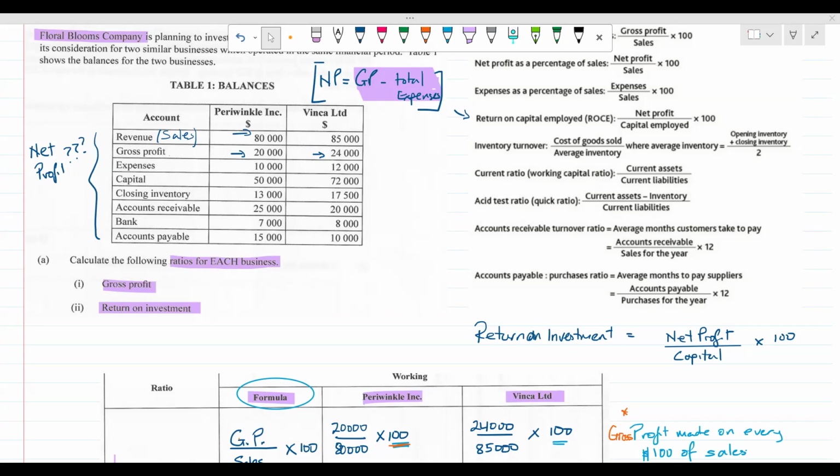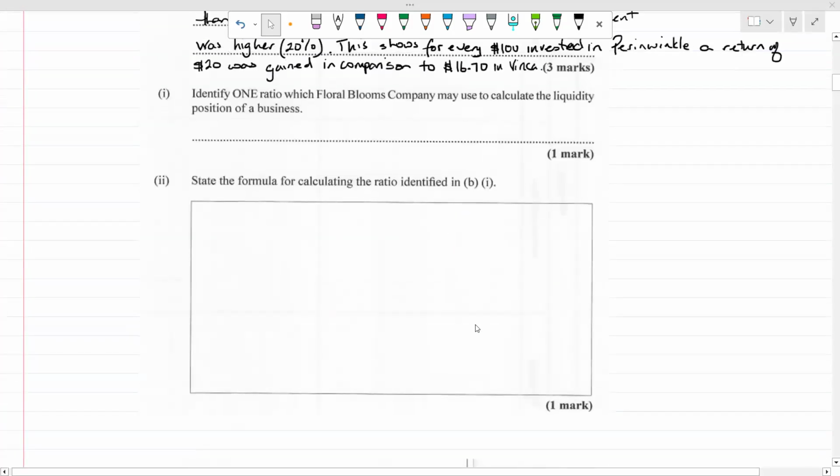Remember we were talking about working capital and the ability of our business to meet its short-term objectives, short-term debt obligations, was the word that I used. That's right. That's when we're talking about the liquidity of our firm.